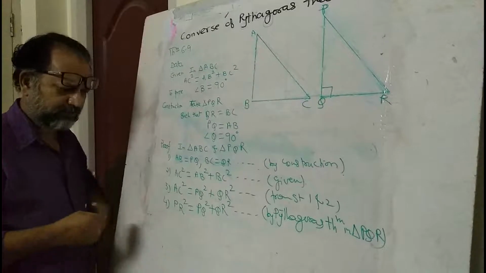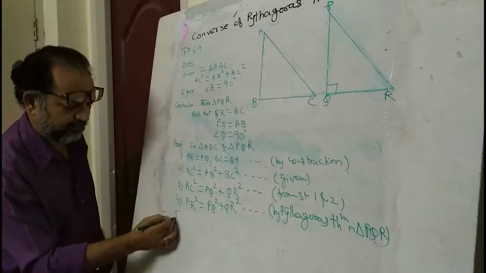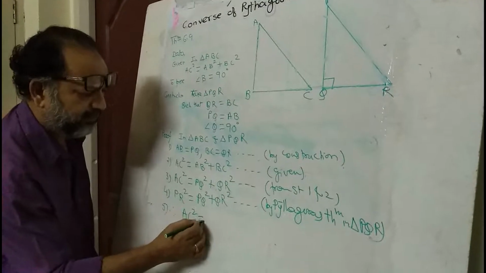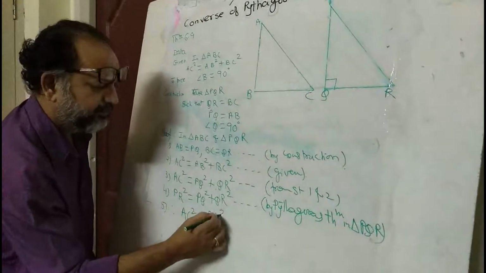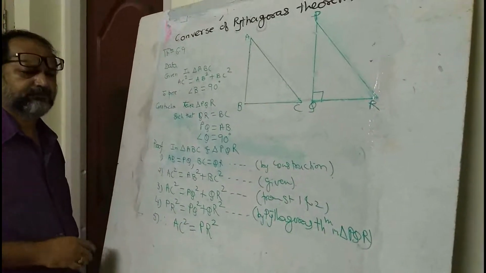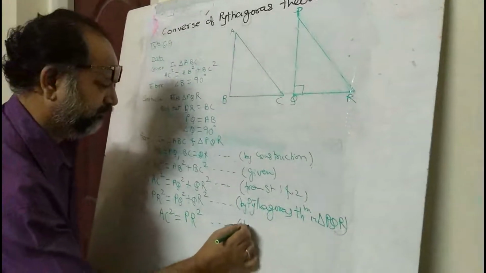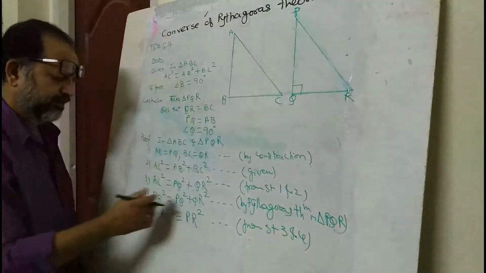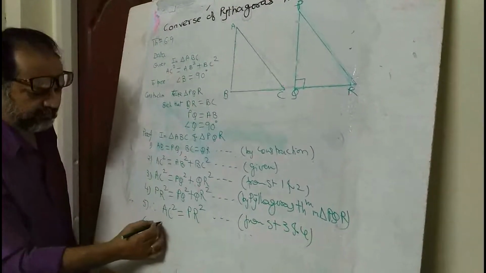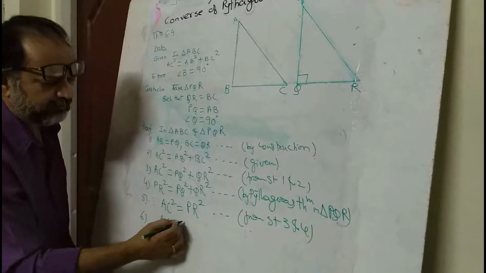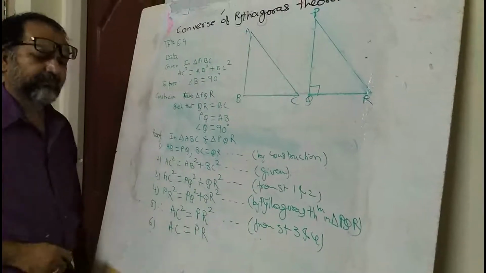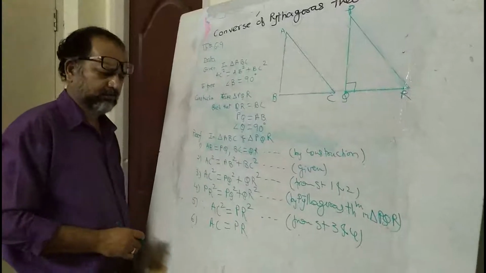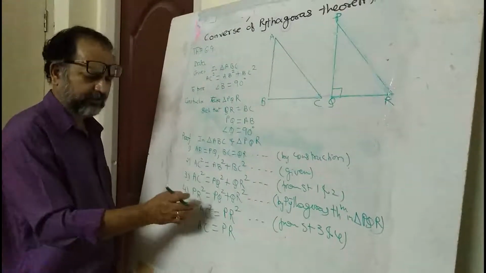That means, obviously, therefore, AC square is equal to PR square, from step 3 and 4. Obvious. And we know that if squares are equal, the sides are also equal, because these cannot be negative.